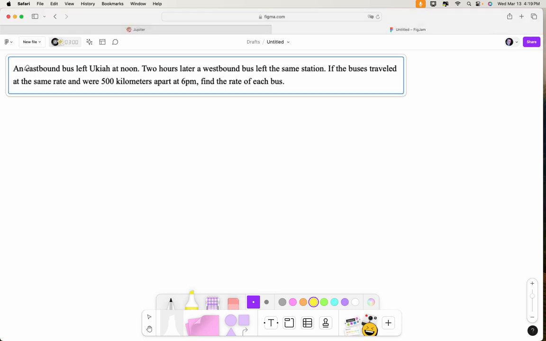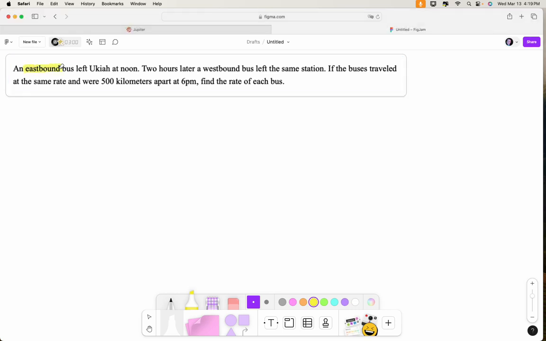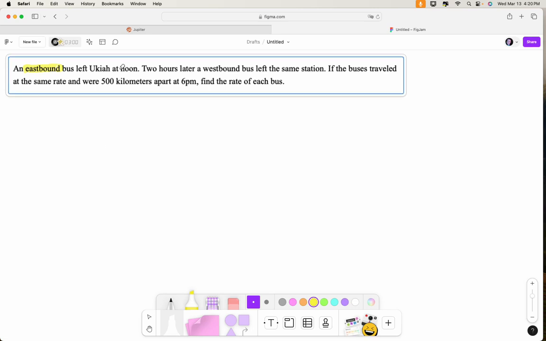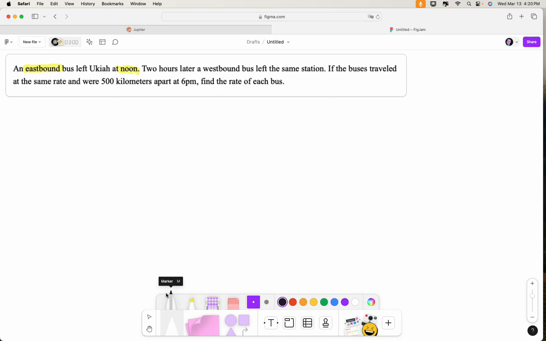Eastbound gives us a direction, and it also gives us a name for the bus. And it left at noon, so it's 12 p.m. We're going to write those two facts down.